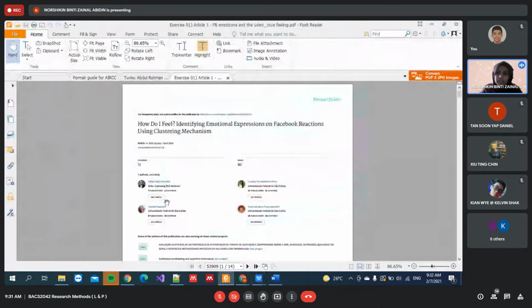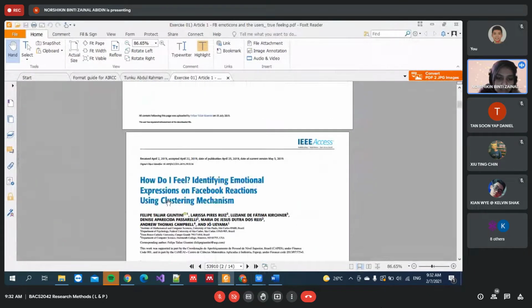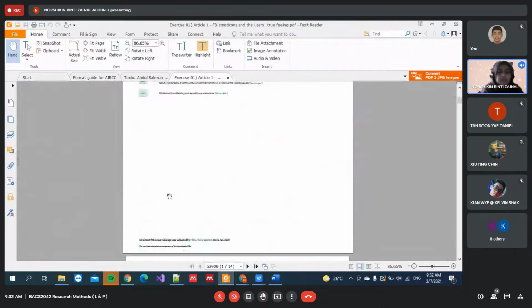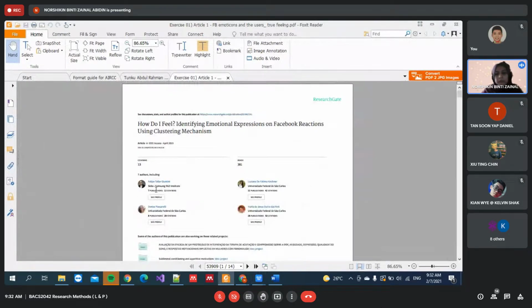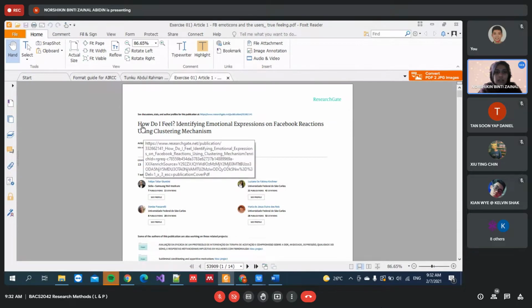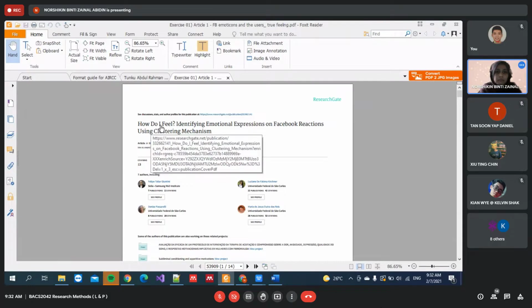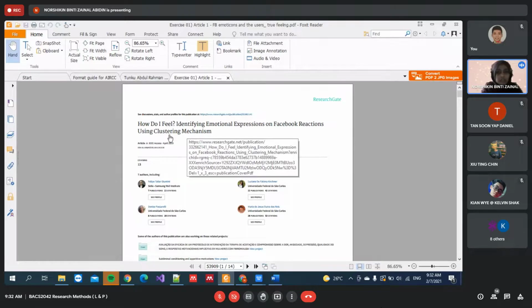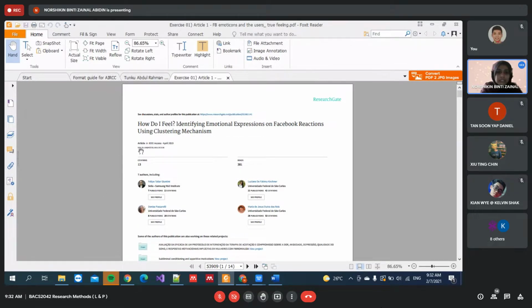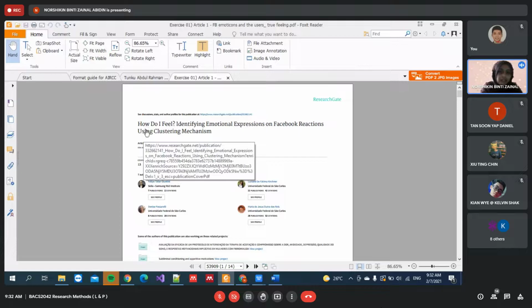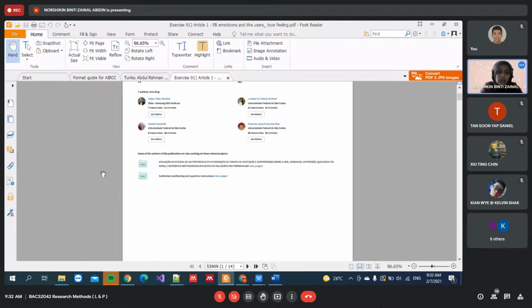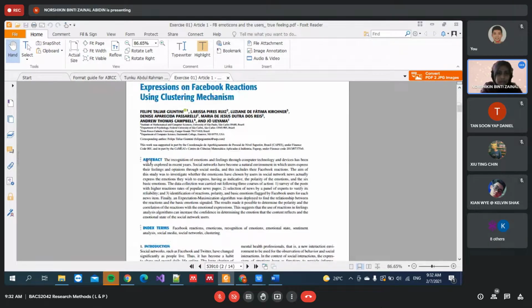Actually, when I'm reading a paper, the first thing I do to know if that paper is useful or relevant to my research is, for example, this one, I read the title of the paper first, because sometimes from the title we know already that it's not related to our research. If I think the title is related, I will go to the abstract.